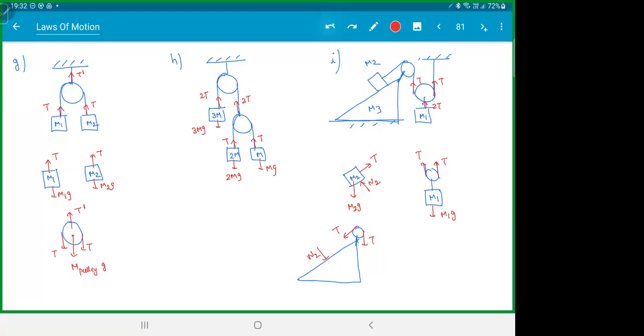If a pulley is fixed to a wedge or to any block, it doesn't matter. If the string is passing over it, the string will pull the pulley, and the pulley is pushing the wedge. And N2, your own weight M3G, and the normal reaction from the ground. This is important: the pulley will actually create two forces there.